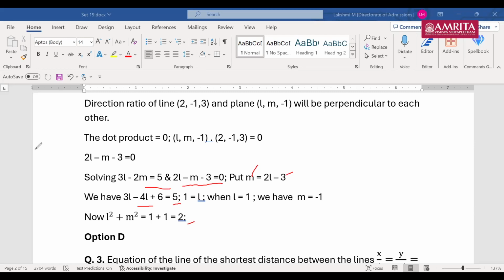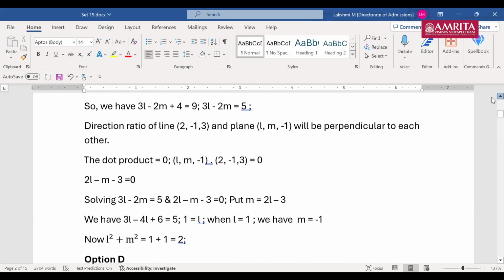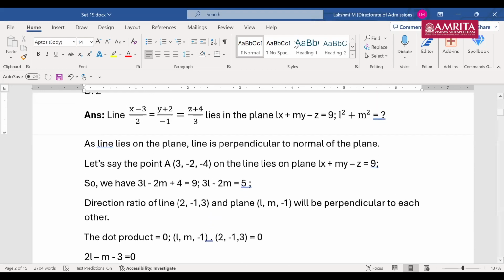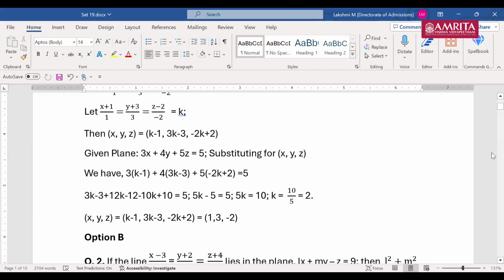Those students who gave me option C, I want you to just recheck this. I'll show the answer once again so you can read it and analyze what is there, and then we'll move to the next question. Is this question clear? I hope there is no need for repetition because the concept is completely clear.